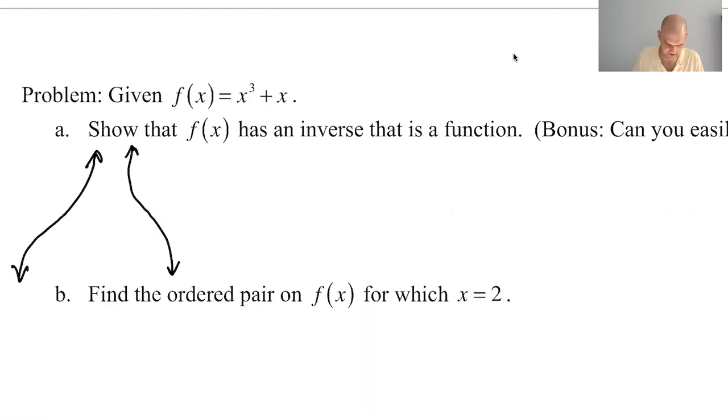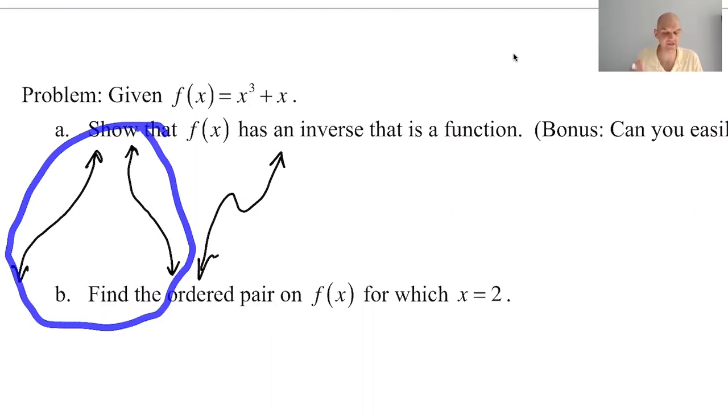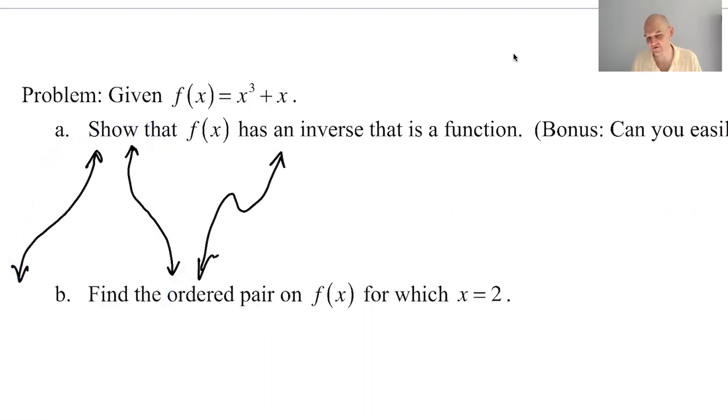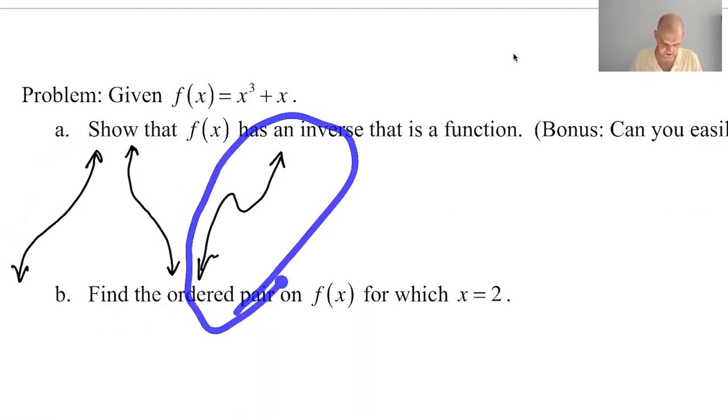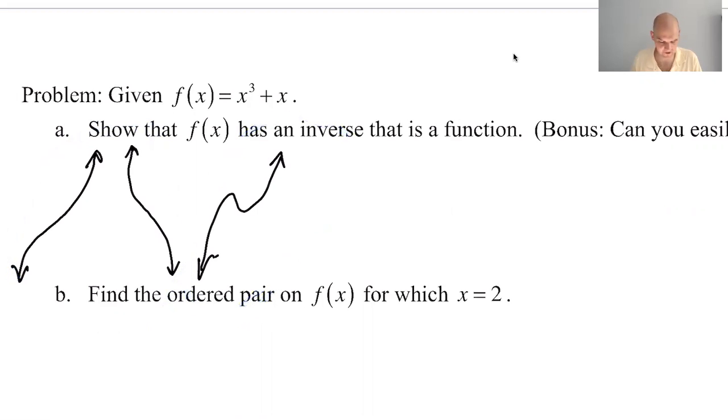Now I'm going to draw a function that doesn't have an inverse that is a function. The thing that makes these definitely have an inverse is that they're either increasing or decreasing. The reason this doesn't have an inverse that's a function is because it's increasing and decreasing, and therefore not one-to-one. So it can't have an inverse that's a function.